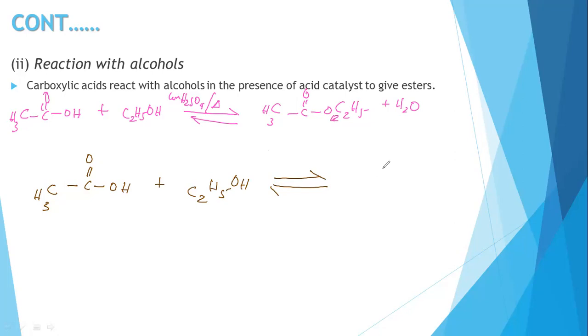So first it will form the tetrahedral intermediate. How? So you can see the OH, the hydrogen. This hydrogen will substitute here. Already another OH group is here, right? And this OC2H5 is there, CH3 there. Are you all clear?